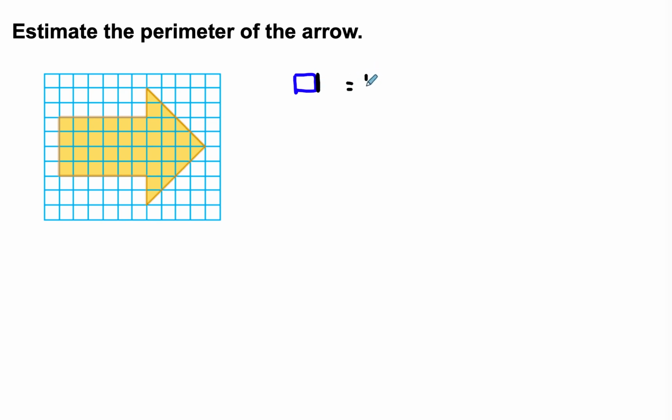One of those sides represents one unit. However, when we see a diagonal, a half of a square, it's actually going to be 1.5. So we're going to count up how many straight lines and how many diagonal lines we have, and then add everything together.